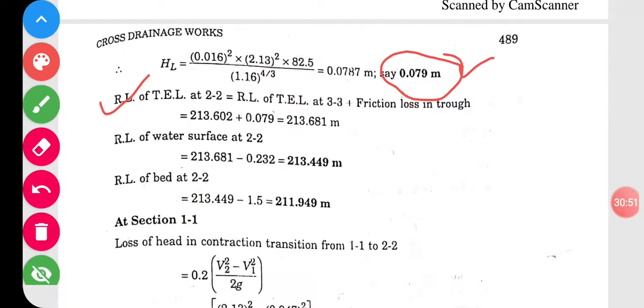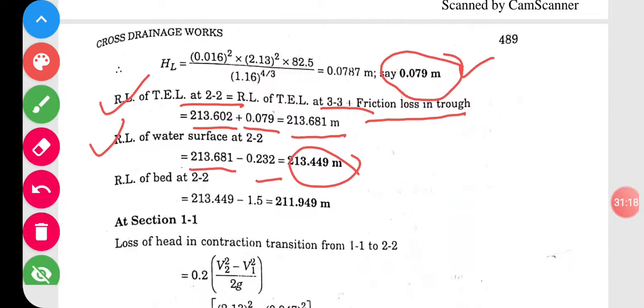That is, RL of total energy level at 2 is RL of total energy level at 3 plus friction loss, so it is equal to this. Similarly, the RL of water surface at 2 is the RL of total energy level minus velocity head. So if you take this one, you will get it.